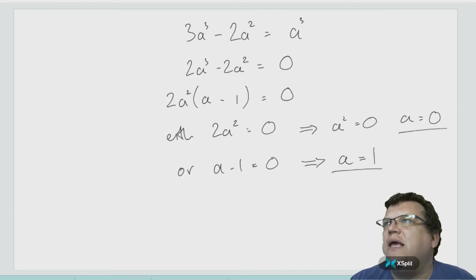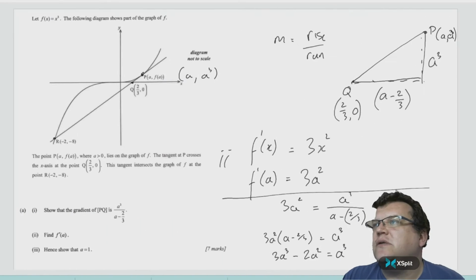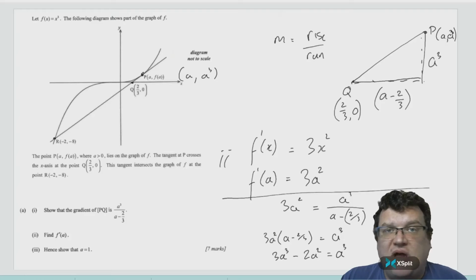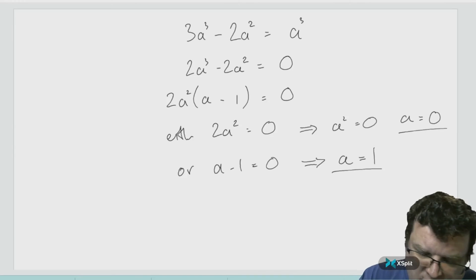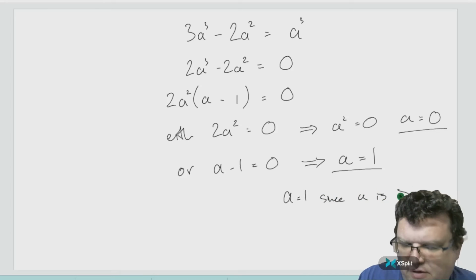All we need to do here is just refer back to the question and have some reason for discarding our solutions. Well, a here is obviously positive because it's to the right of the y-axis, so I can just write a equals 1 since a is greater than 0.